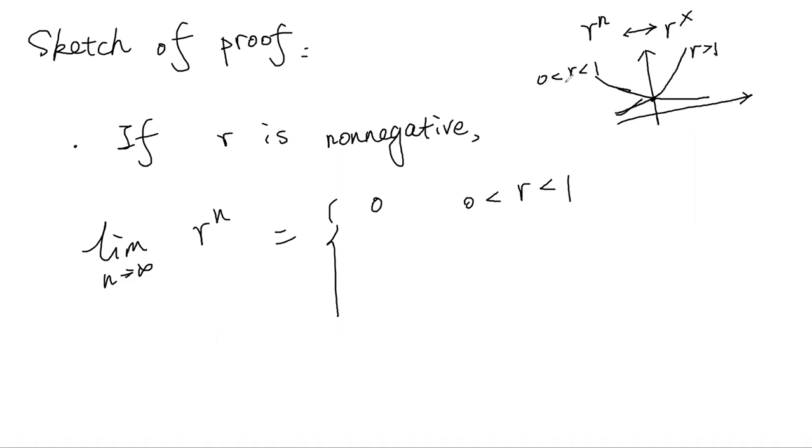It's increasing if r is greater than 1. So when r is between 0 and 1, as x goes to infinity, the positive x direction, the limit of r to the x goes to 0, which means the limit of r to the n also goes to 0. Two trivial cases: when r is equal to 0, all the terms in the sequence are 0, so the limit is 0.